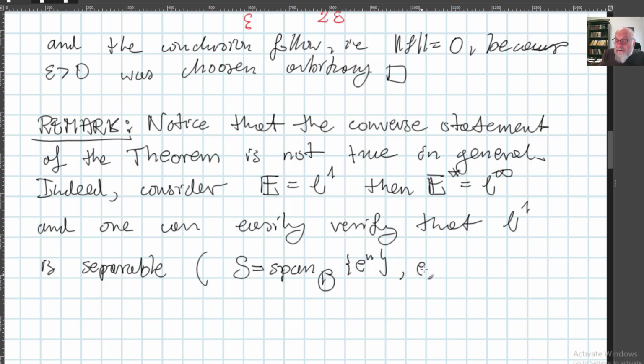What is en? en is the vector 0, 0, and so on, 1, and then all the zeros follow, where the 1 stands in the n-th place. So you can see that this set is dense in L1.